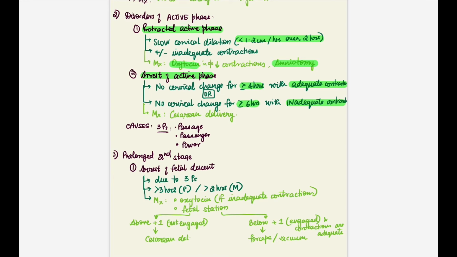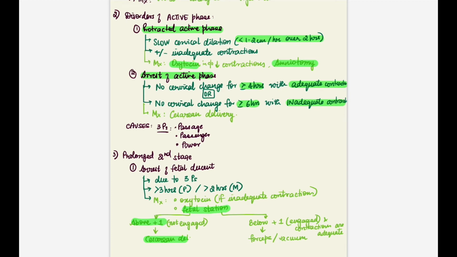Now, suppose you find that the contractions are inadequate. You have given oxytocin, but still there is not much of a fetal descent, there is no progression of the second stage, then your next steps in management will depend on the fetal station. So if the fetus is above +1, meaning the head is not engaged, then your plan would be to do a cesarean delivery.